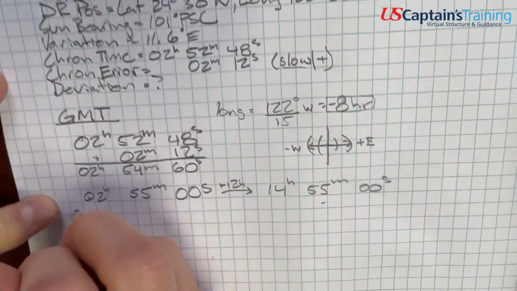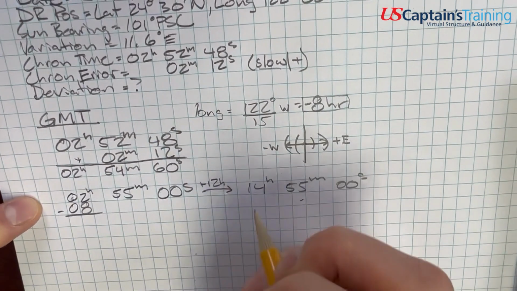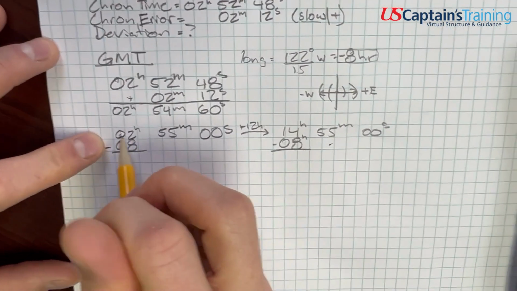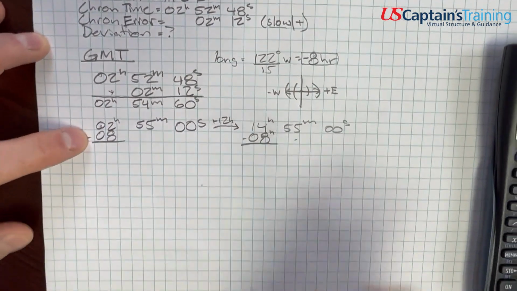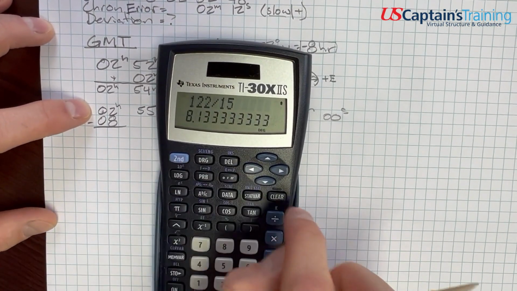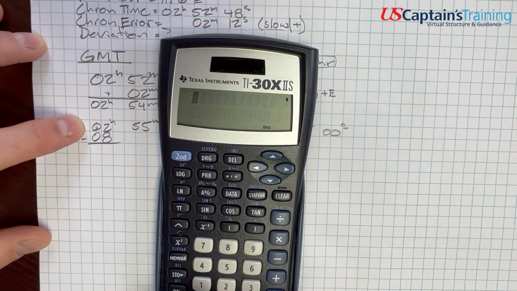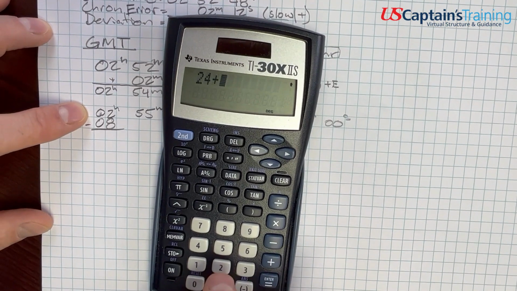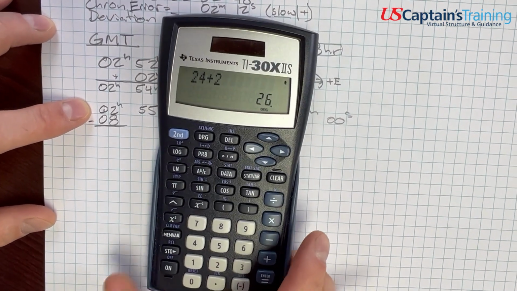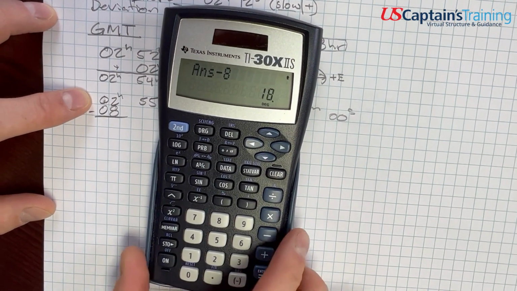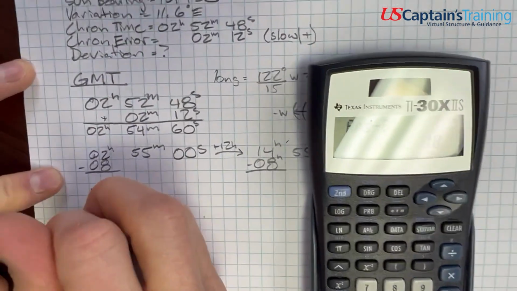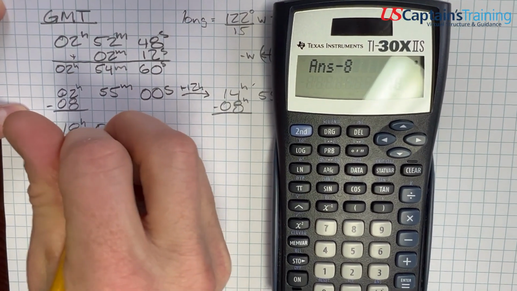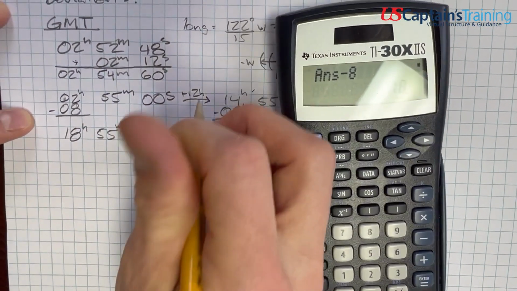We're going to subtract this 8 hours to get our approximate local mean time. So to subtract 8 from 2, there's a trick here. We just add 24 to 2 and then subtract 8. So 24 plus 2 equals 26 minus 8 equals 18. So we're looking at 18 hours, 55 minutes, 00 seconds.